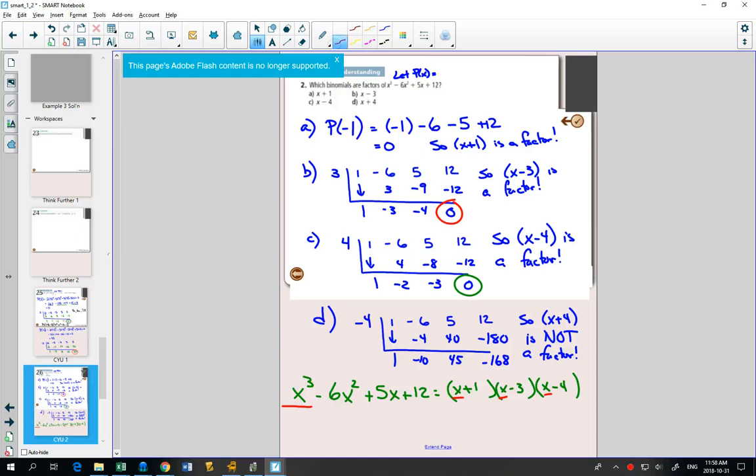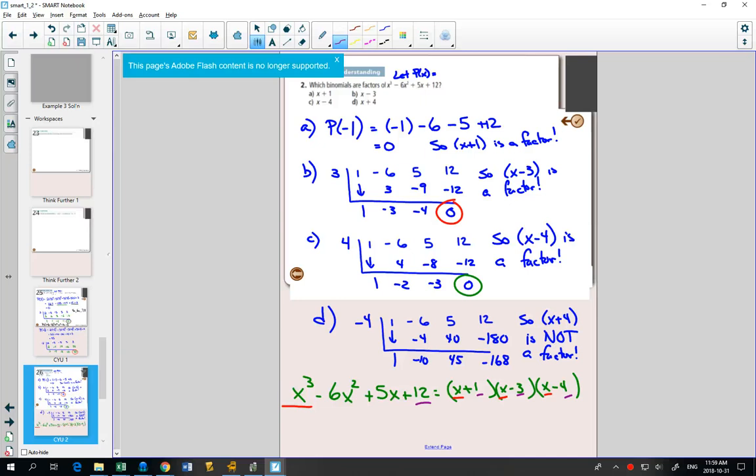If I underline that 12 in purple and I look at my last terms, I have 1 times a negative 3 times a negative 4. That makes a positive 12. But 7 will never work. 6 might work. Because if we multiply this out, which is some extensive foil thing, the last ones have to match up with your last one.